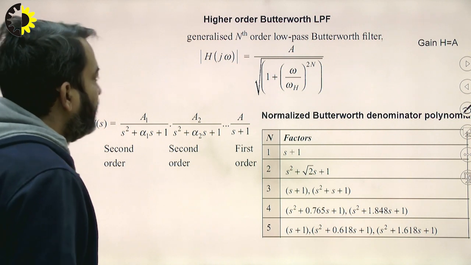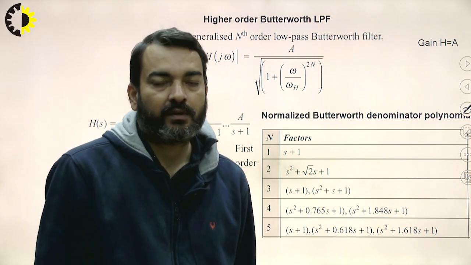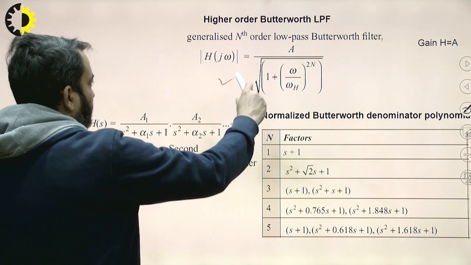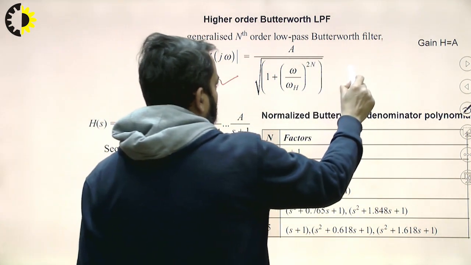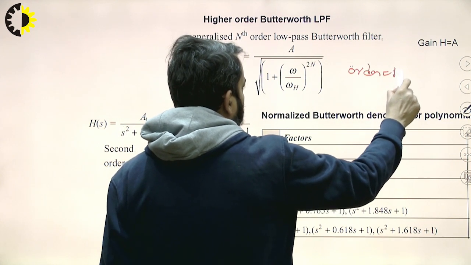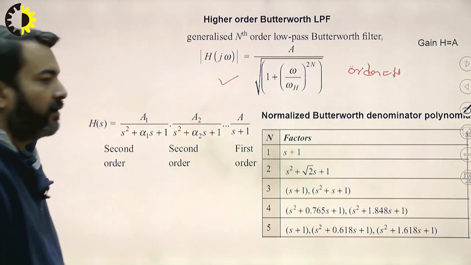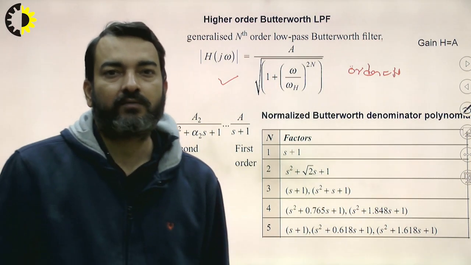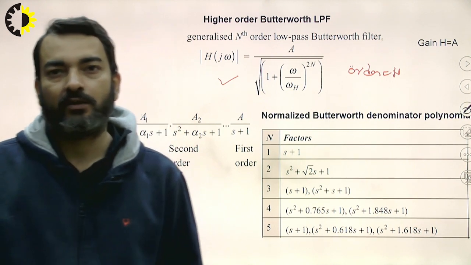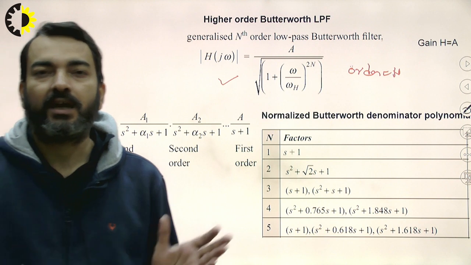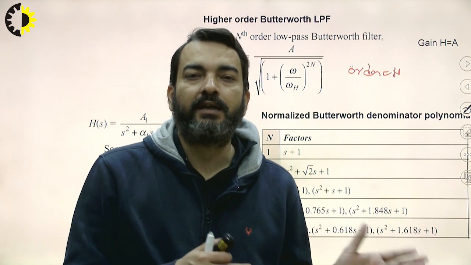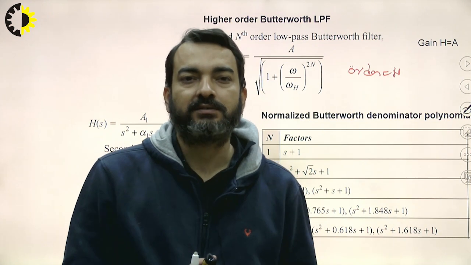Now coming to the higher order Butterworth filter. This is the magnitude response of a higher order Butterworth filter of order n. Here we have shown the order by capital N. In case of Butterworth response, we will realize the higher order low pass Butterworth by cascading lower order, that is first order and second order, low pass filters.